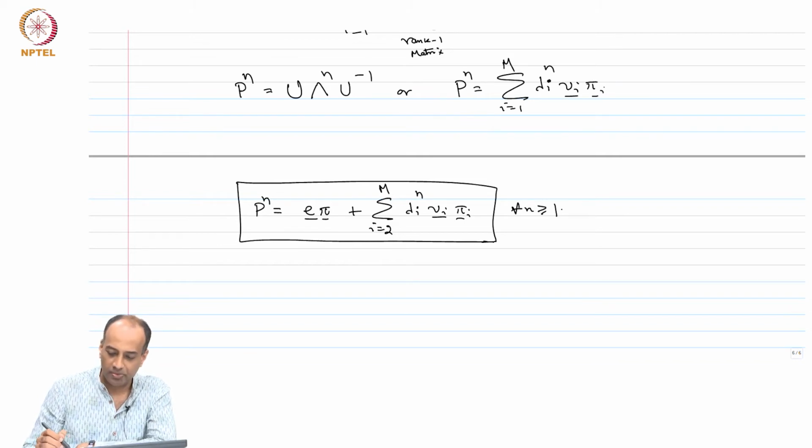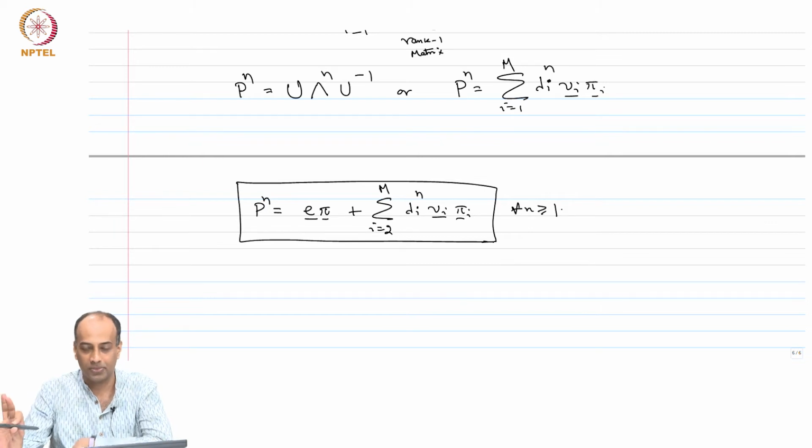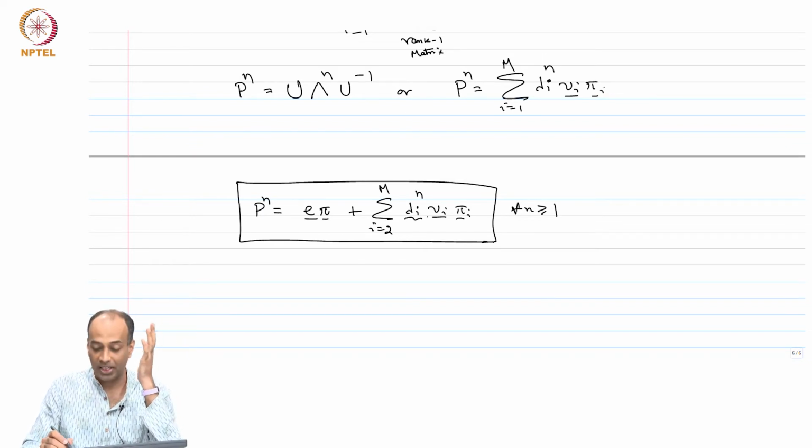So, if this sum from i equal to 2 to m goes to 0, then we can easily conclude that P to the n converges to E pi.